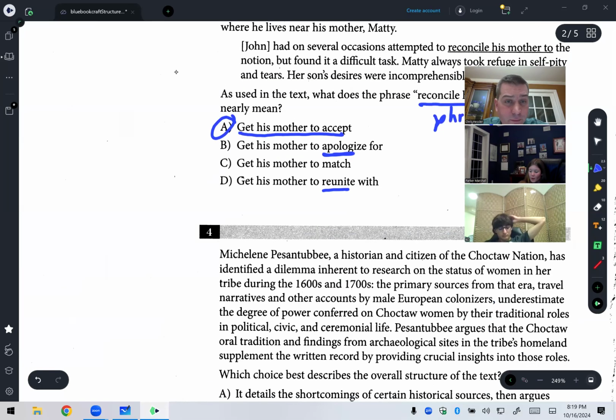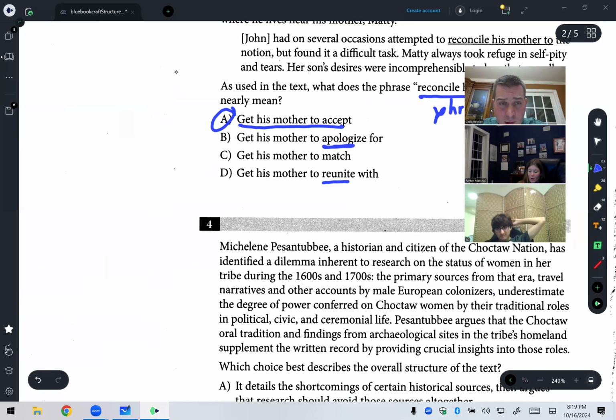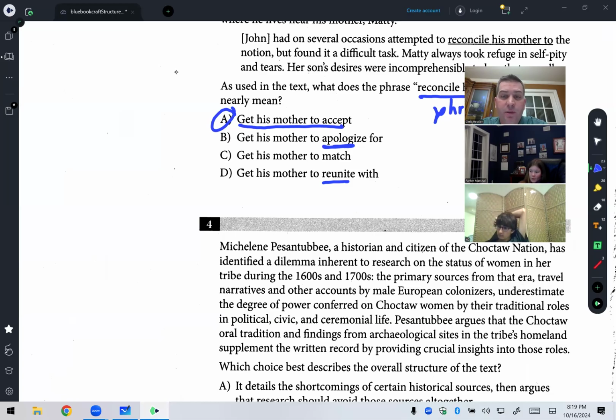On to number 4. All right, I think it's an anthropology question. Micheline Pesantubbee, a historian and citizen of the Choctaw Nation, has identified a dilemma inherent to research on the status of women in her tribe during the 1600s and 1700s.